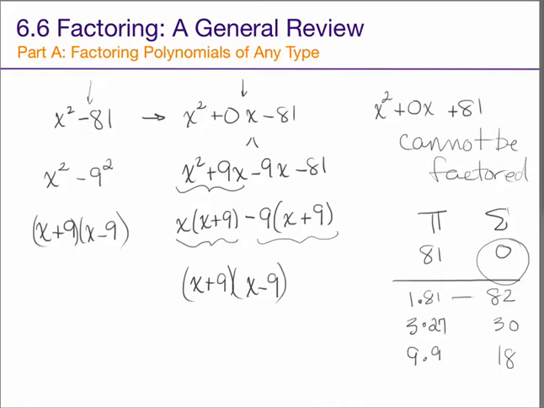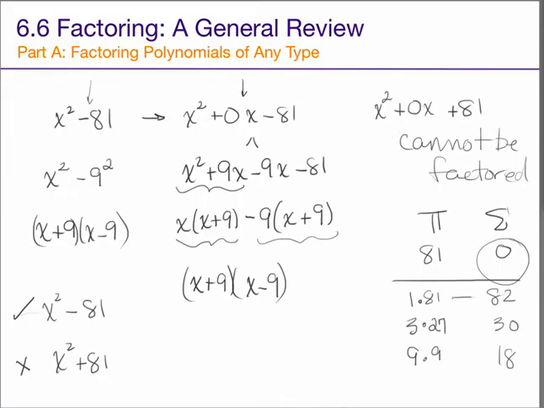If you know the shortcut, you'll know that the difference between this problem and this problem is the sign between the two terms. It turned out that the first one, the x squared minus 81, can be factored, but the second one, x squared plus 81, cannot be factored.